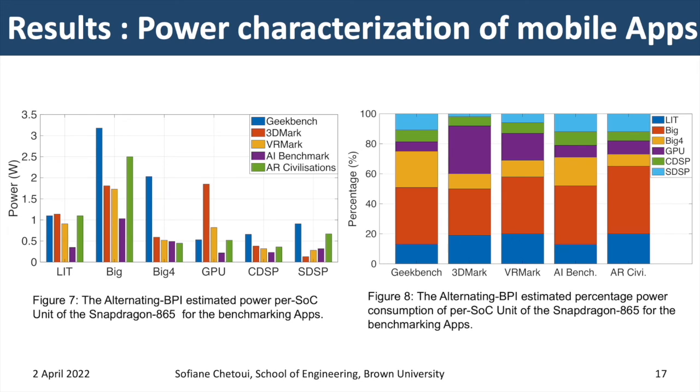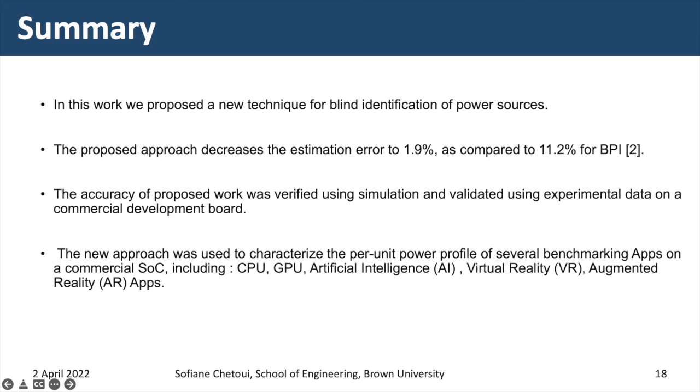So the 20% boost of the big core could lead to up to 2x power consumption as compared to the regular big cores. And then finally, the augmented reality apps have a really high CPU power consumption with a much lower GPU power consumption, as expected.